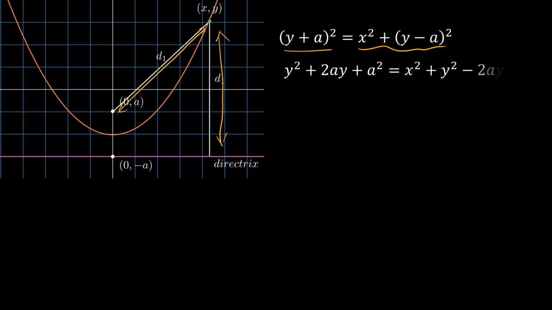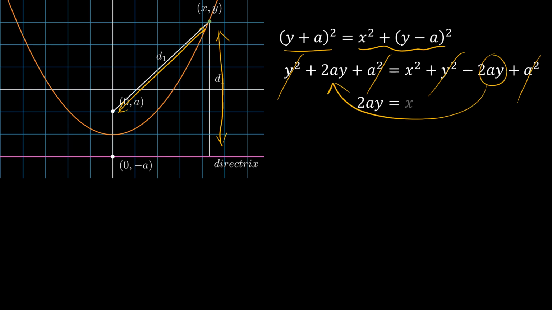When we expand it, we have y squared plus 2ay plus a squared equals x squared plus y squared minus 2ay plus a squared. As we can see, the y squared cancels, the a squared cancels, and so we have 4ay equals x squared.